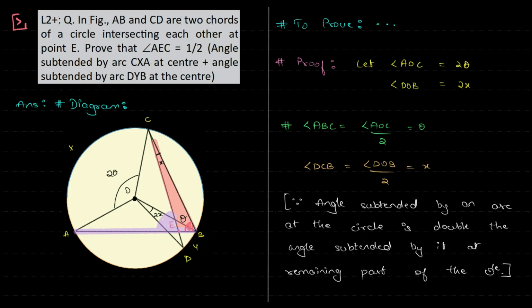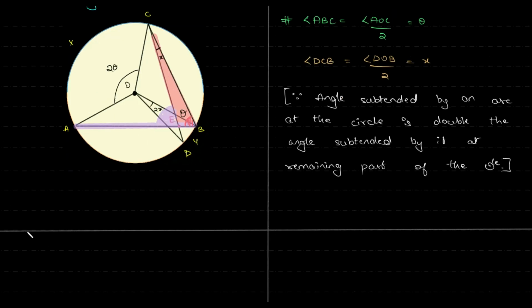Yes, we have the following thing. In triangle ECB, how will we do this? It's quite simple. Yes, exterior angle property, is it not? As per exterior angle property, angle AEC is equal to angle ECB plus angle EBC.